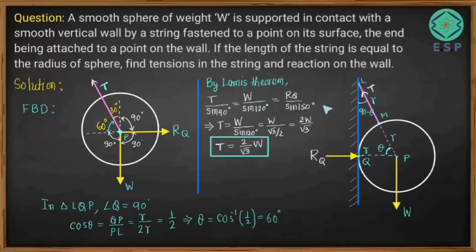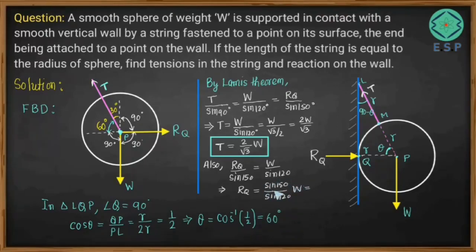Similarly, if you consider these two terms, that is weight by sine 120 and RQ by sine 150, you will get an expression for RQ, that is the reaction at point Q. So let's do it. RQ divided by sine 150 equals weight divided by sine 120. So RQ is sine 150 divided by sine 120 into weight.